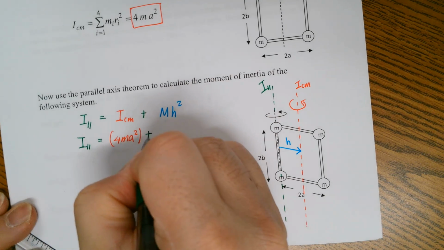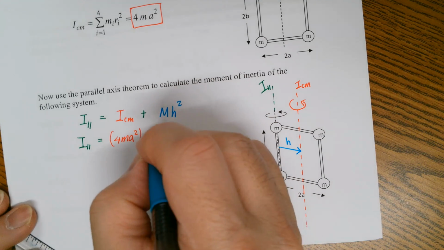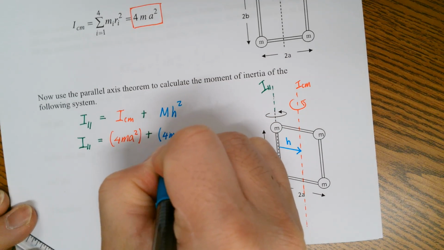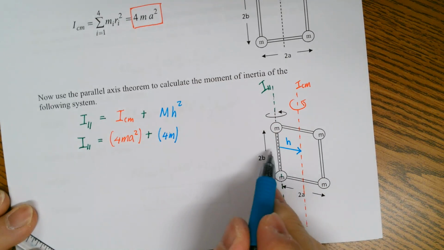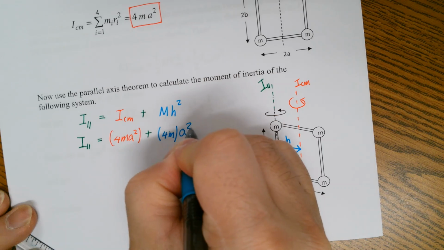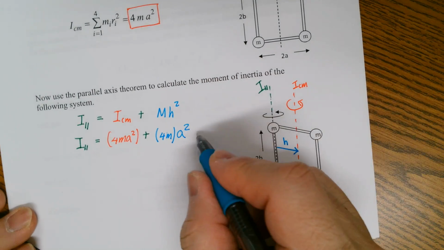Plus, our total mass is 4m. We know that, so that's easy. But h is a, so we have a squared.